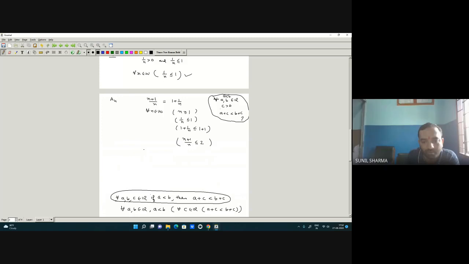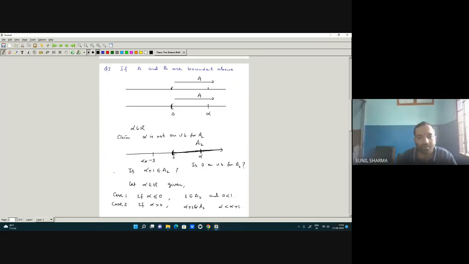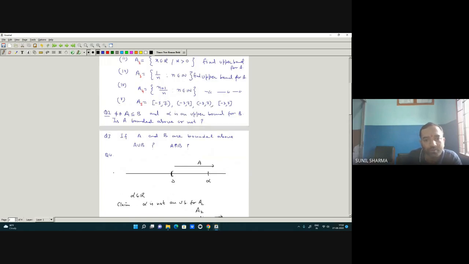So 2 is the upper bound. Is there any other upper bound for this set A4? Sir, 3 can also be. Now think about this. You can discuss the fifth problem in the breakout room.